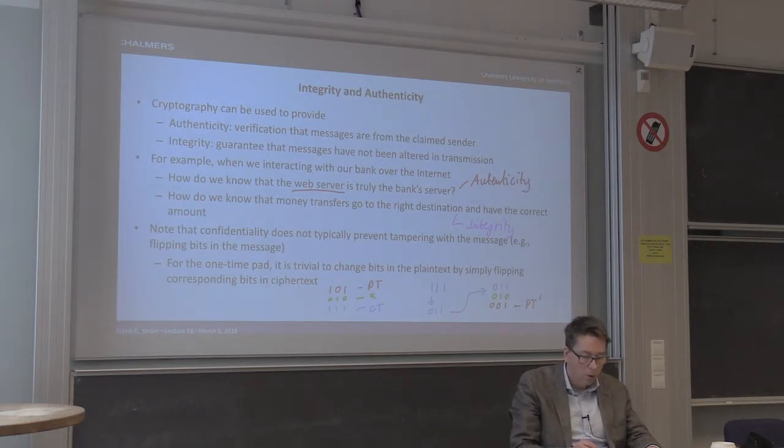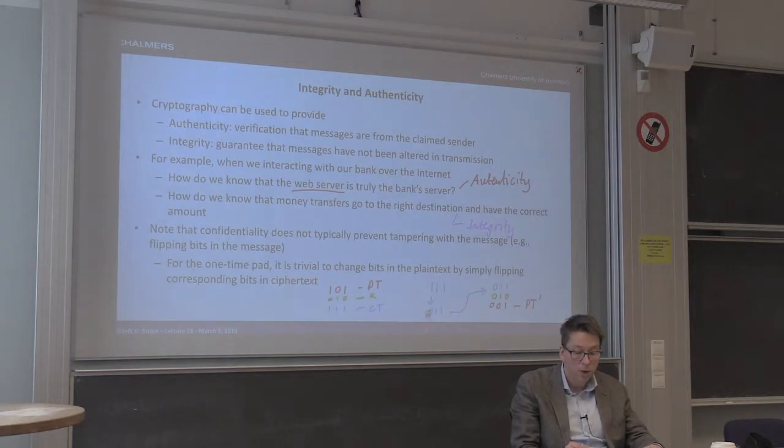So even though I was unable to detect or decrypt the plain text 101, I had no idea what the plain text is, I can flip bits at will, at any position if I like, right? So this perfect secrecy scheme we had, a one-time pad, has no integrity whatsoever.